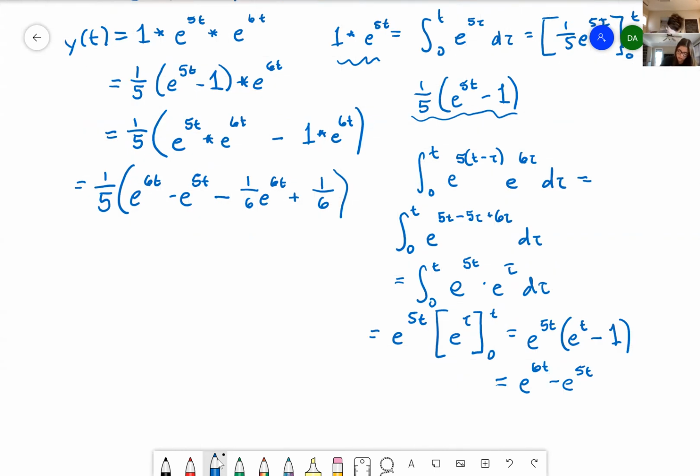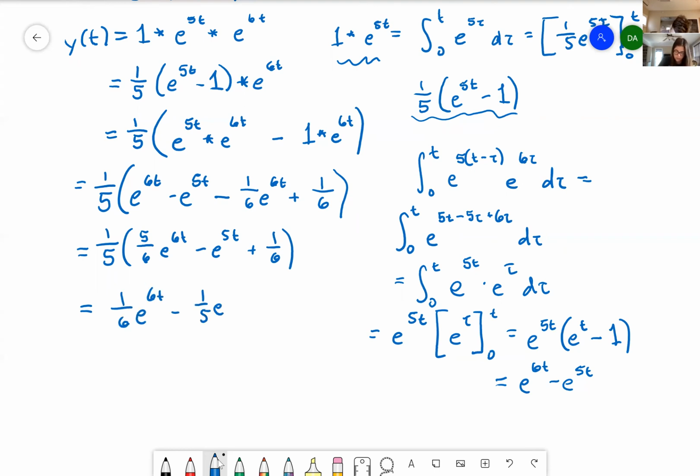Now, assuming that we've done all this correctly, which is a big assumption, we'll have 1/5. I should say, I've done all this correctly. I'm not putting any of the blame of mistakes on you. 1/5 e to the 6t minus e to the 5t plus 1/6. And so what I should get is 1/6 e to the 6t minus 1/5 e to the 5t plus 1/30th.